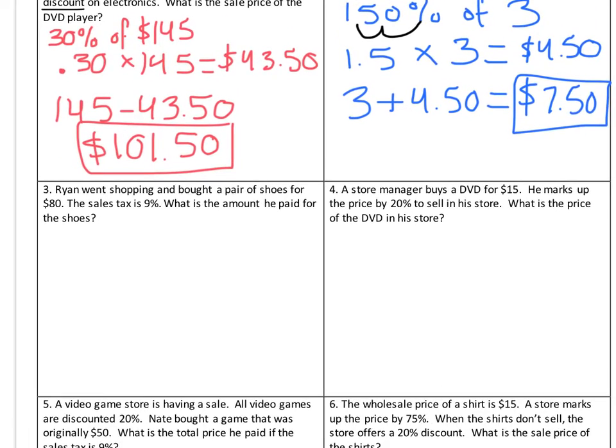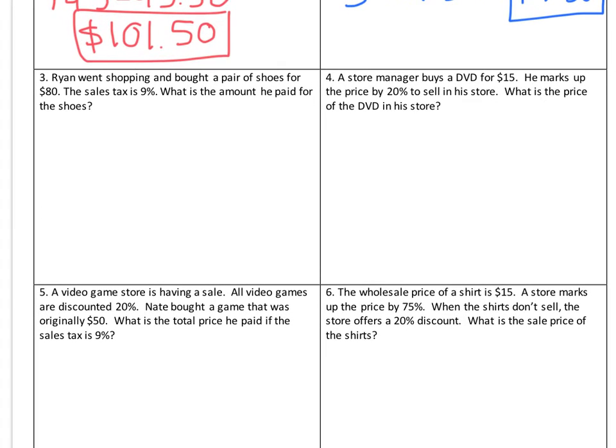Number 3. Ryan went shopping and bought a pair of shoes for $80. The tax is 9%. What is the amount he paid for the shoes? All right, again, keyword, sales tax. That means it's an adding problem. So I need to find 9% of $80.